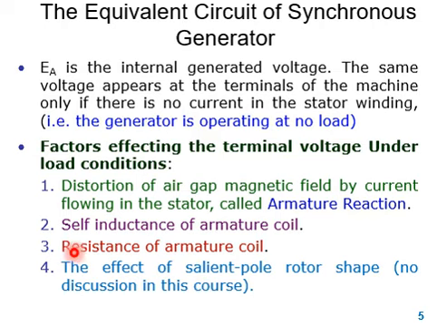We are calculating our final voltage and assuming that the rotor shape is non-salient, or you can say the rotor shape is cylindrical. So out of these four distortions, we will consider the first three to model the terminal voltage. We will skip the fourth and assume that the rotor is cylindrical in shape.